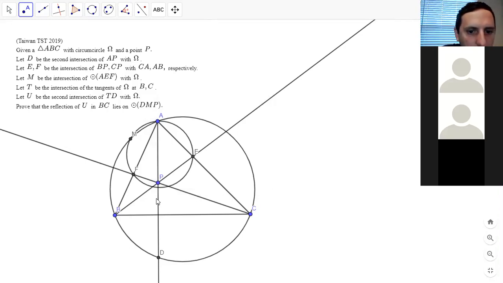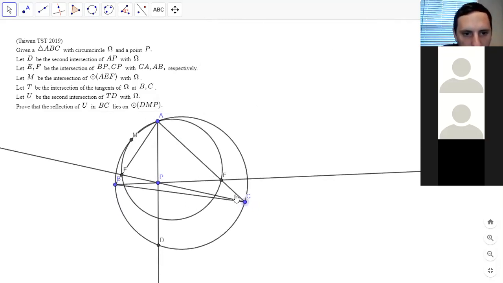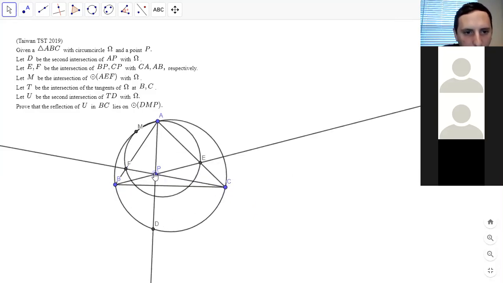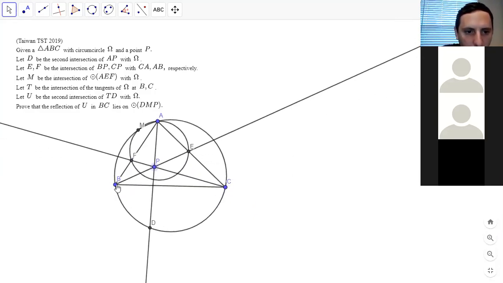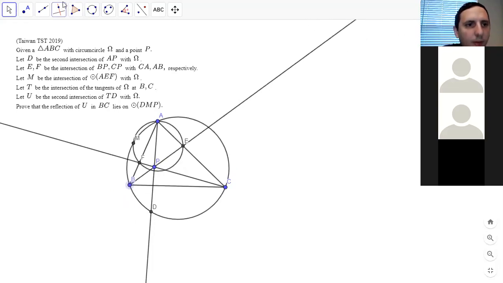And T, and then we draw the tangents at B and C. We move point P around. I just want to be able to see the intersection of the tangents.